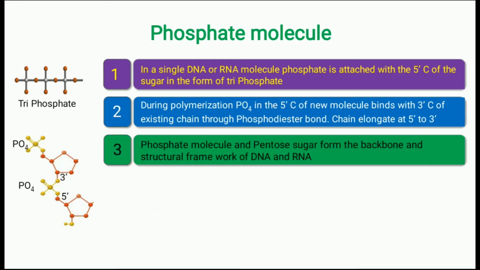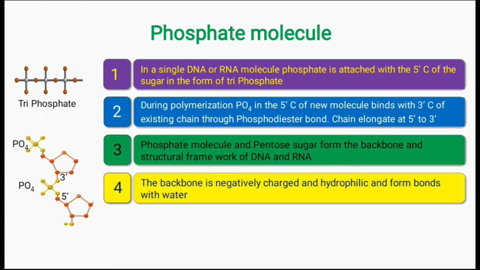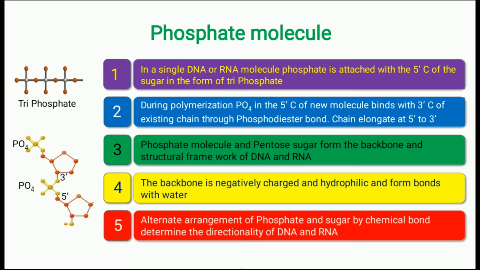The phosphate molecule and pentose sugar form the backbone and structural framework of DNA and RNA. The backbone is negatively charged and hydrophilic. The alternate arrangement of the phosphates and pentose sugar by the phosphodiester bond determines the directionality of the DNA or RNA, 5' to 3' direction.